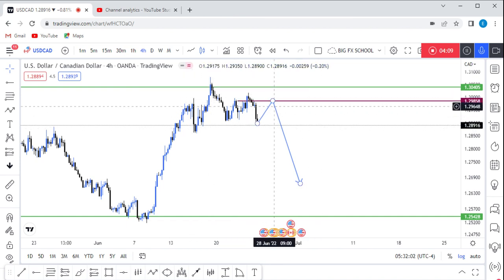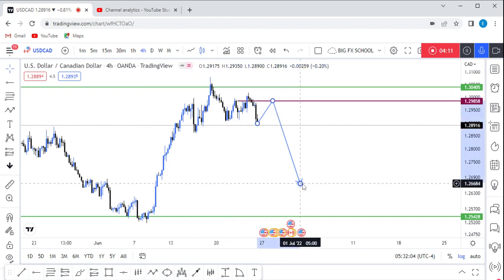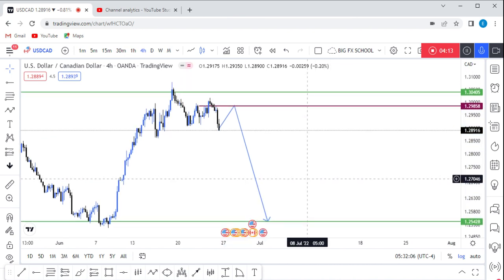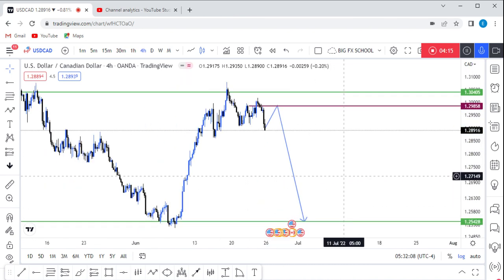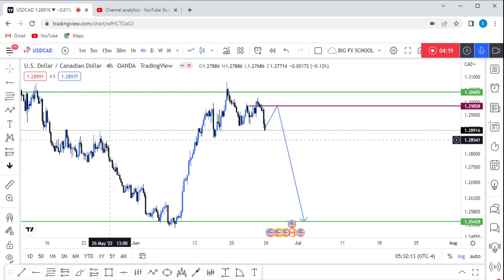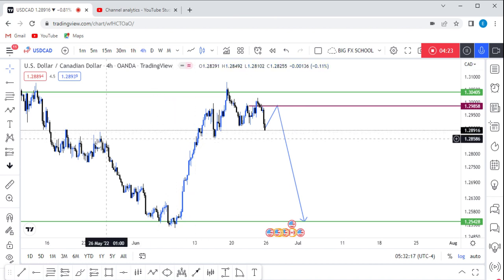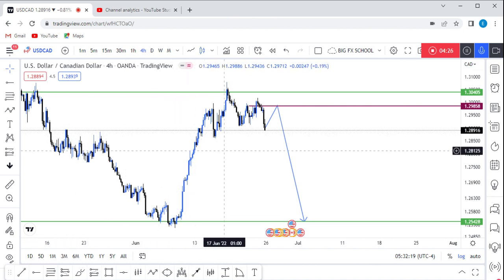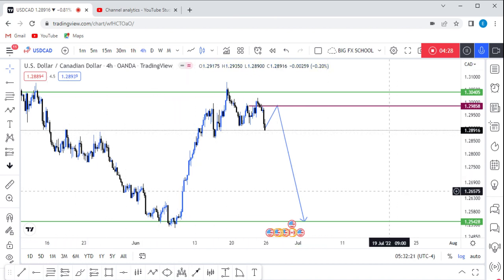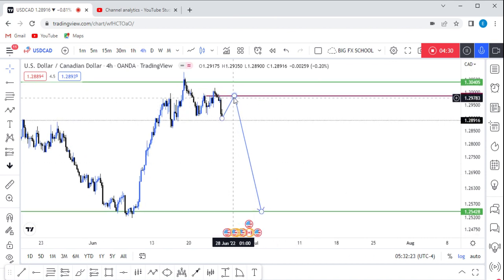Once you see the invalidation in this level, then you will be shorting the market to this zone. This is USD/CAD, we must short the market when it reaches this zone.